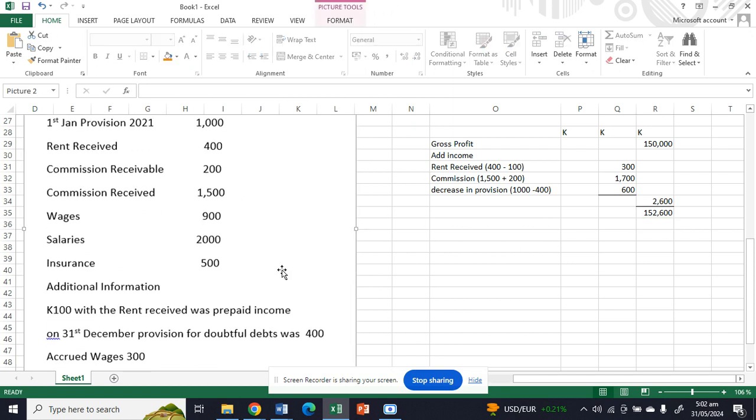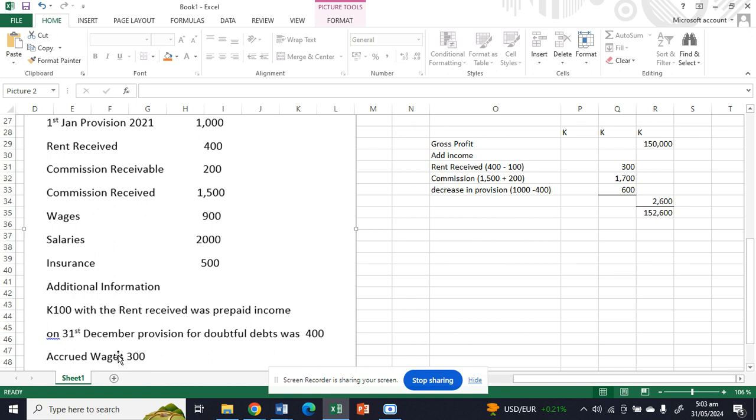So expenses, we have wages. We've been told they're accrued wages. So it means we are owing people money. So accrued wages are a current liability. Okay. Accrued income, current asset. Accrued wages, current liability. So with accruals, as you can see, with our accrued income, we added it to the commission.